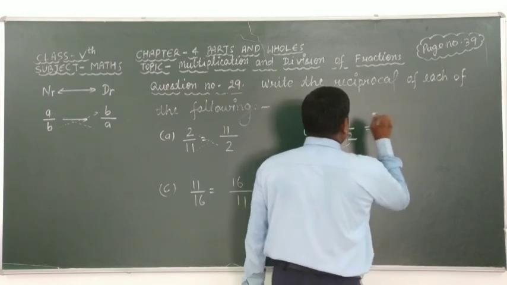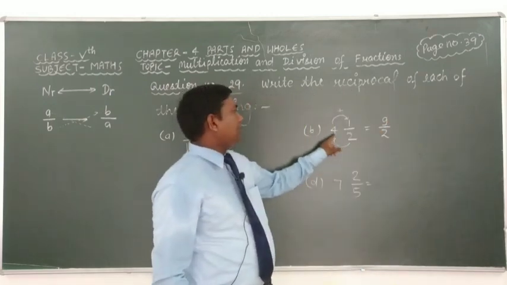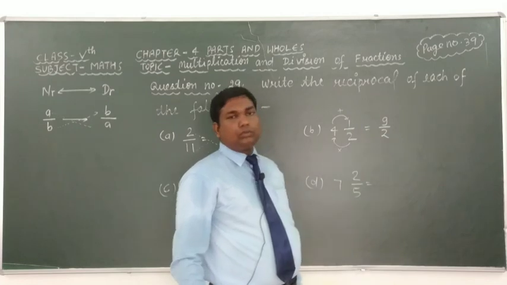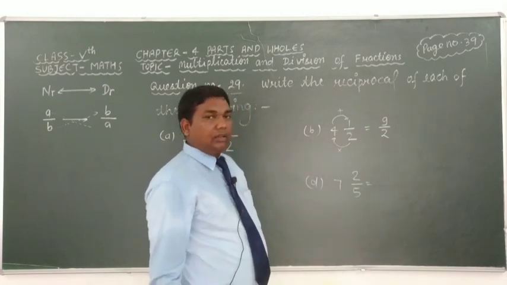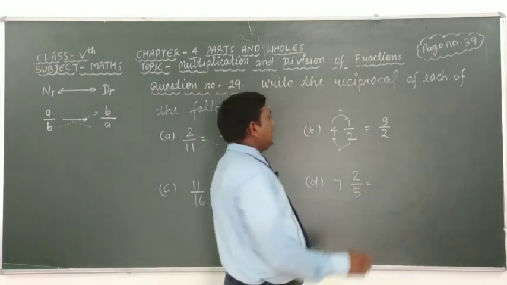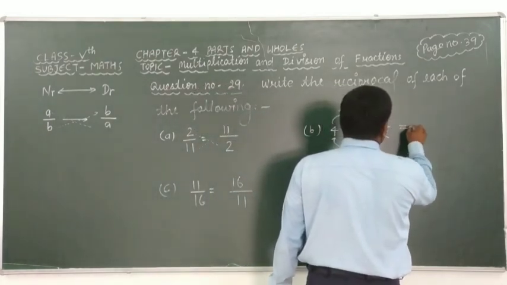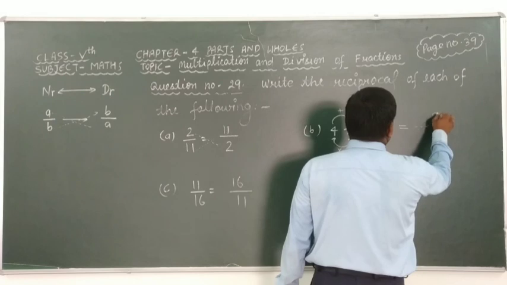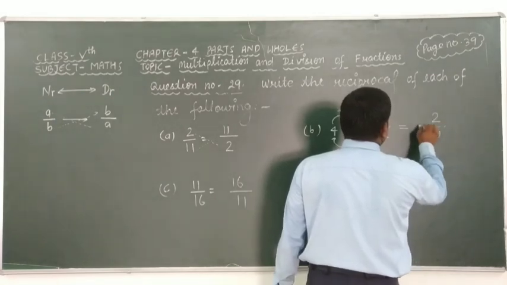After solving this, we get 9 over 2. It means that the reciprocal of 9 over 2 is equal to 2 over 9.